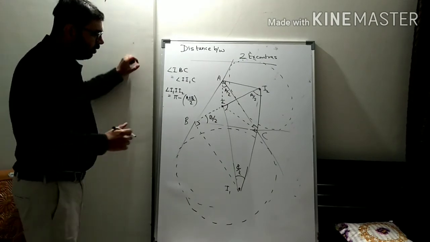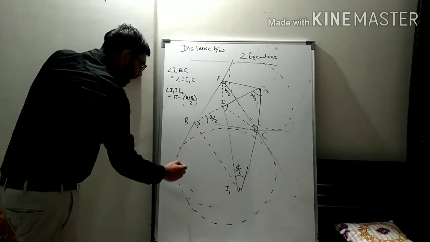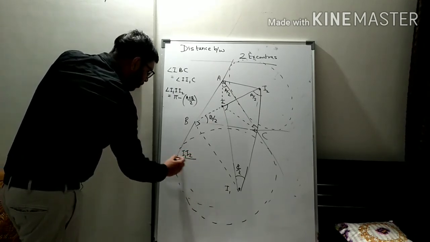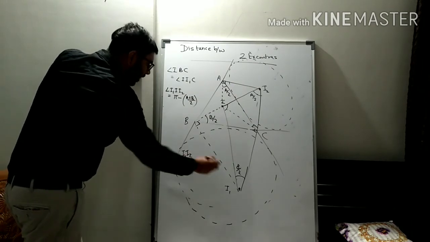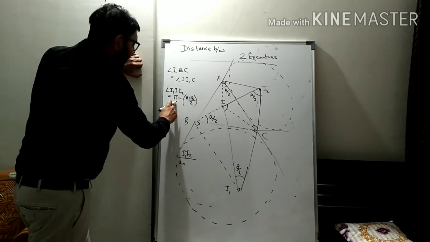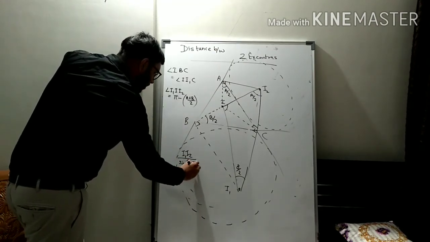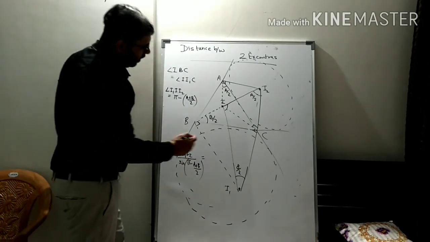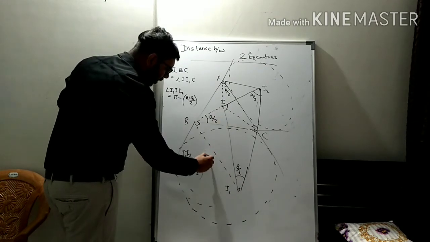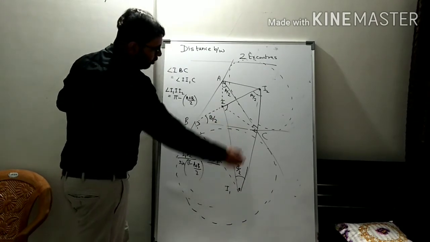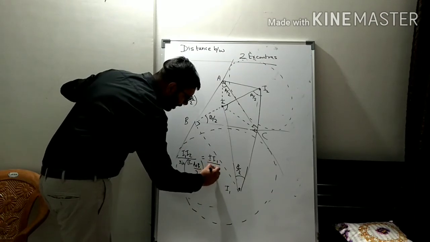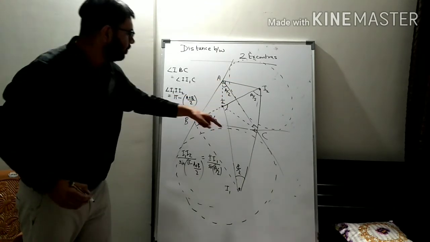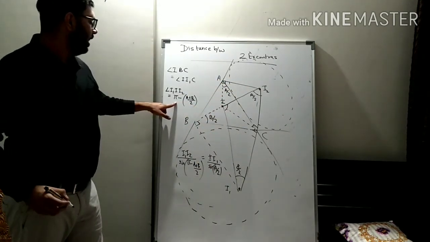Now what you do? You apply the sine rule. In this triangle, I1 I2 divided by sine of the angle opposite to it, sine of pi minus (A plus B) by 2, is equal to, take any side, suppose I am taking this side I1, then you take the angle opposite to this side, which is A by 2.